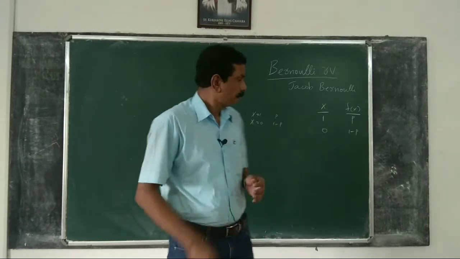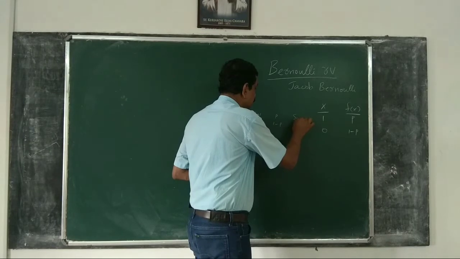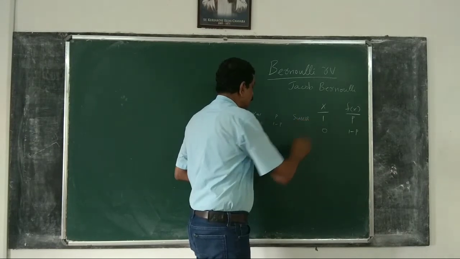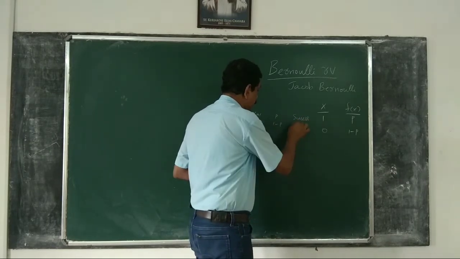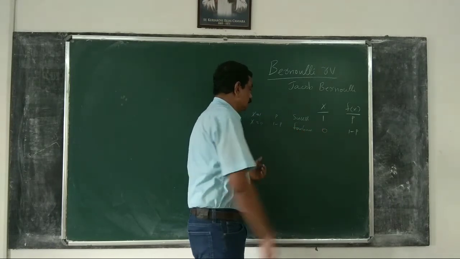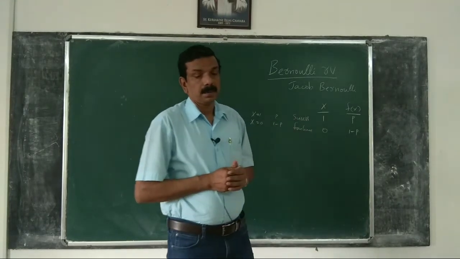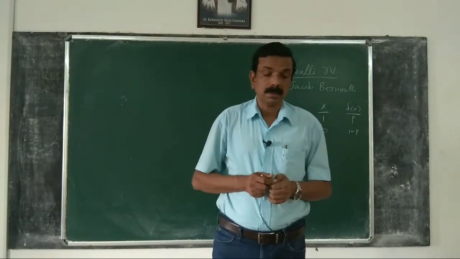And x is equal to 1 is called a success. X is equal to 0 is called a failure.